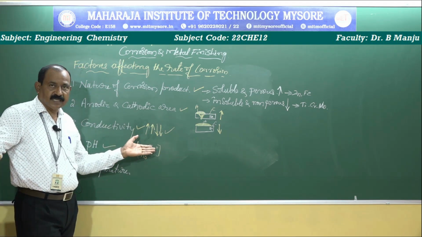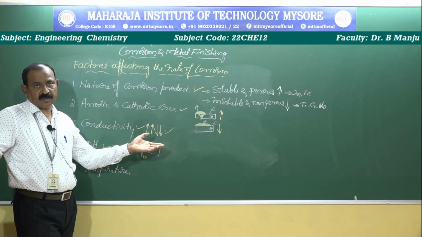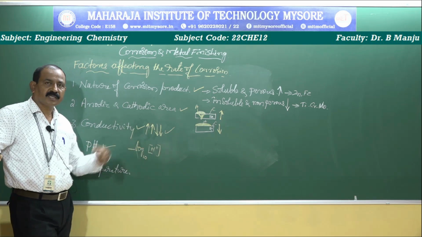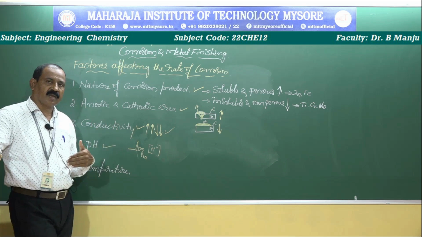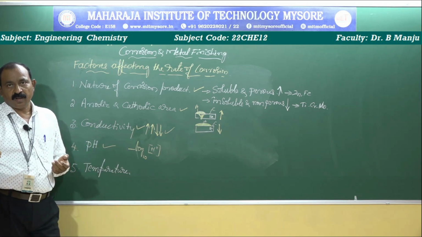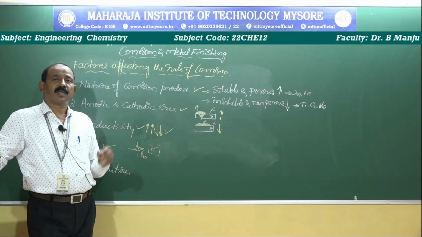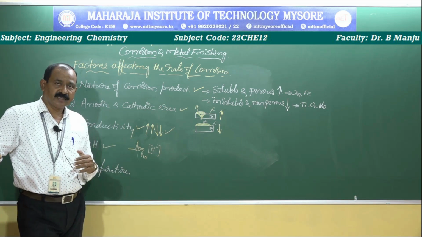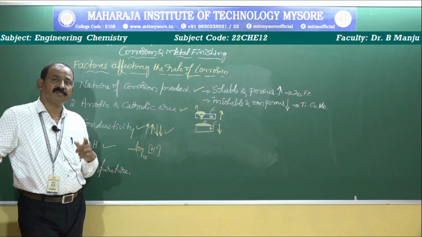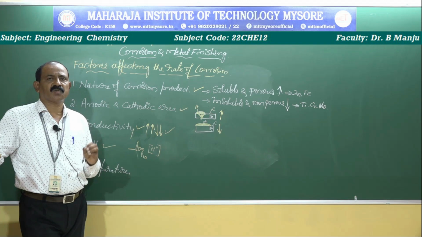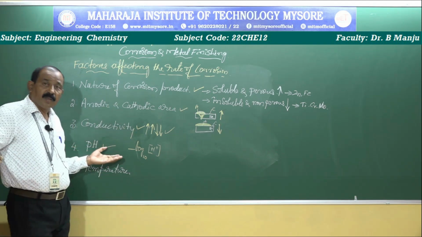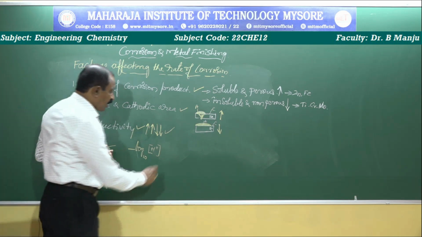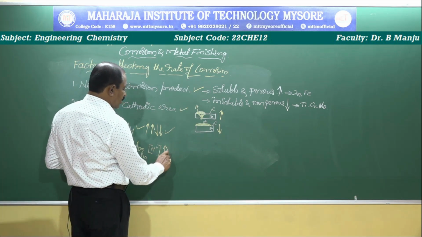Now, as pH increases, basicity increases. As pH decreases, acidity increases. When pH comes down to less than 3, the acidic condition is strong. In acidic condition, when the pH is very low, the rate of corrosion is very high. Severe corrosion takes place when pH is less than 3. As pH decreases, the rate of corrosion increases.